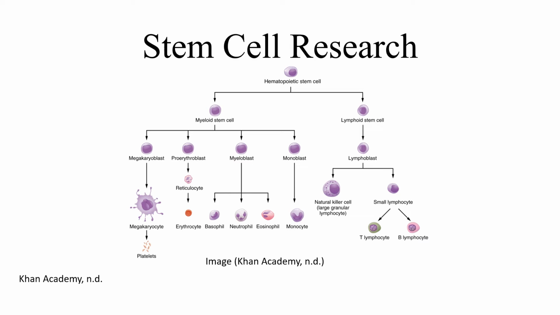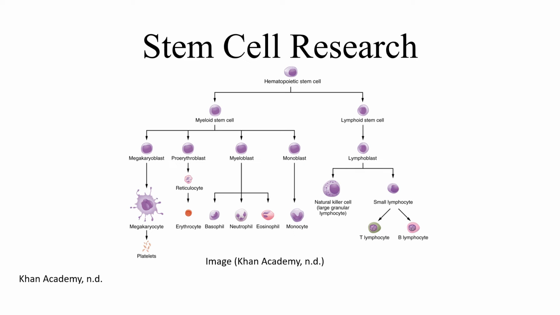Myeloid stem cells and lymphoid stem cells also divide asymmetrically, with their non-stem cell daughters generating the mature cell types of the blood. Myeloid stem cells give rise to red blood cells, platelets, and other types of white blood cells. But lymphoid stem cells give rise to the types of white blood cells classified as lymphocytes.